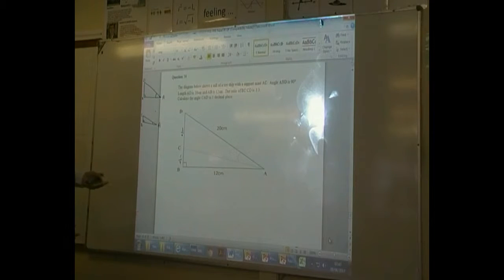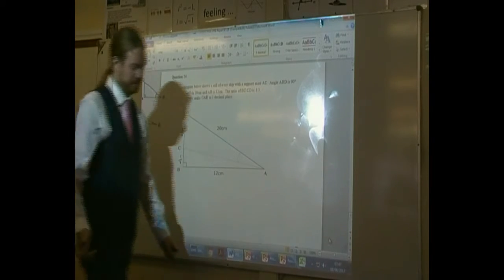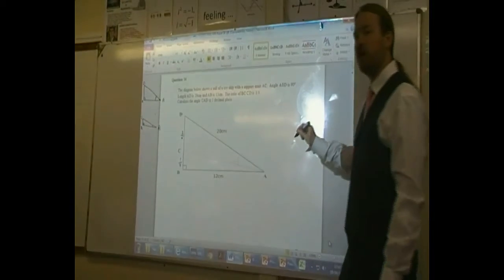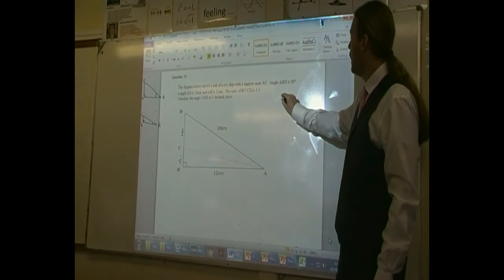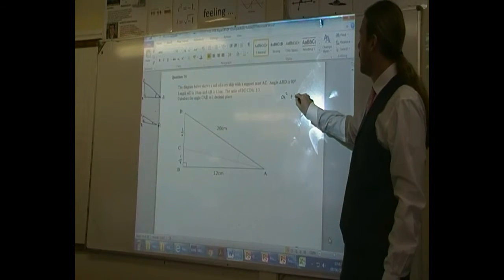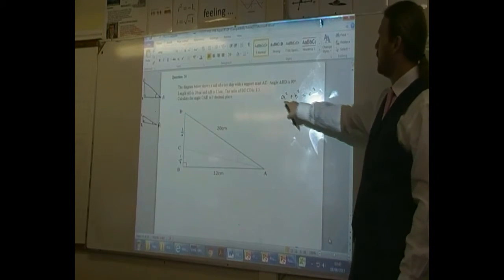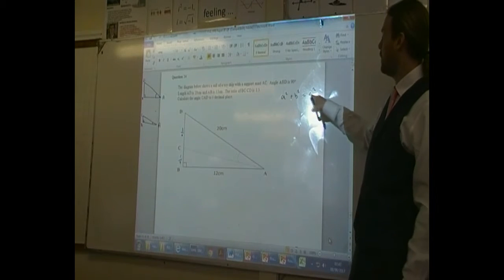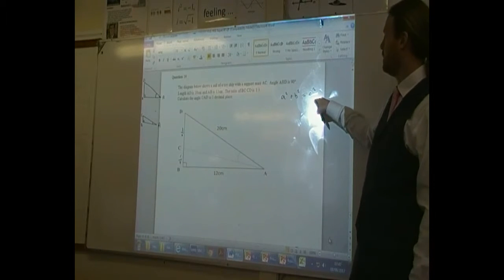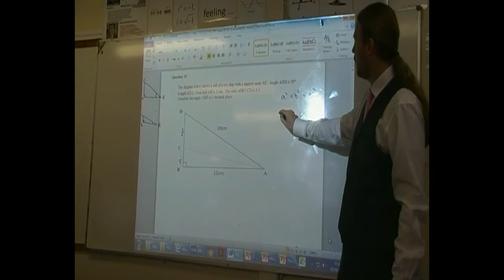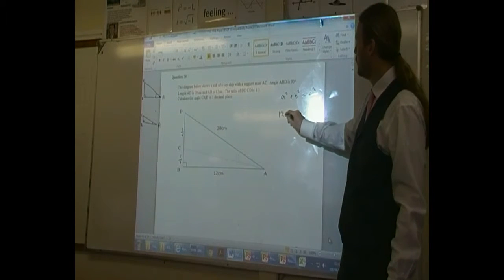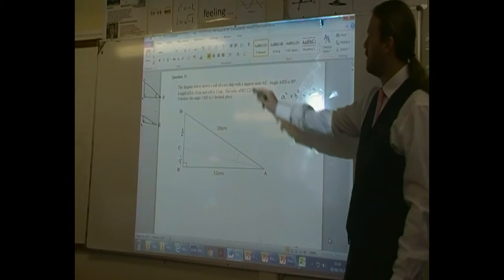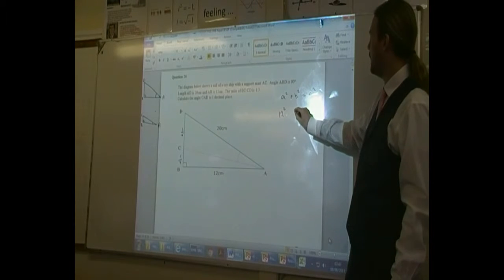Now, how can we find the total length? Well, conveniently, it's a right angle triangle, therefore we can use Pythagoras. So you know your Pythagoras' theorem, a squared plus b squared equals c squared, so the two shorter sides being squared will add up to make the longer side squared. So our two shorter ones are 12 and unknown, so BD.